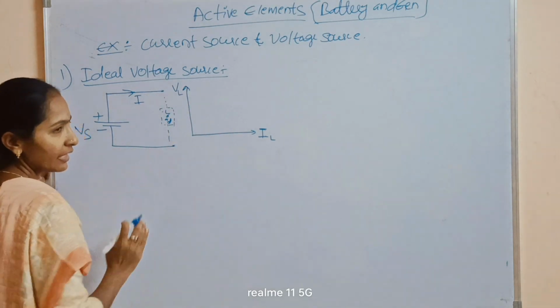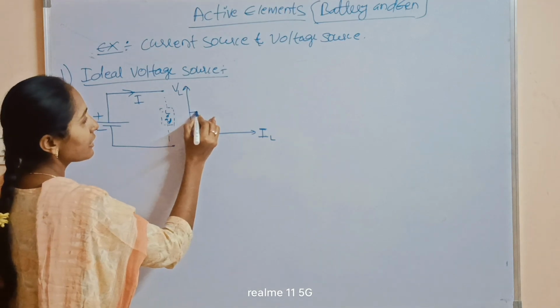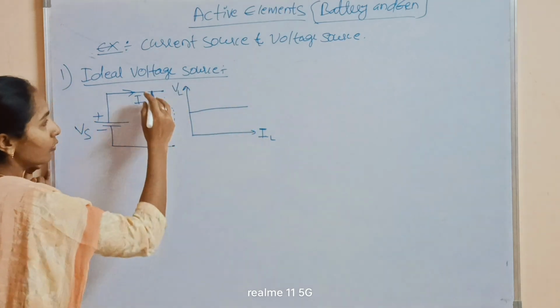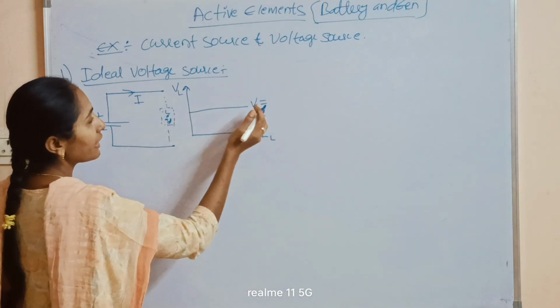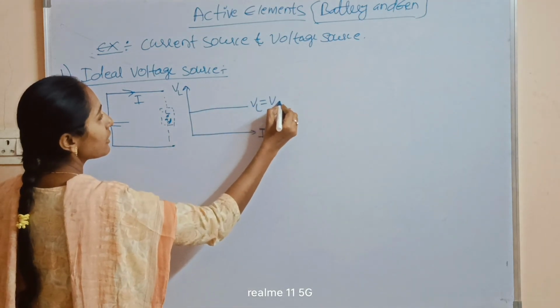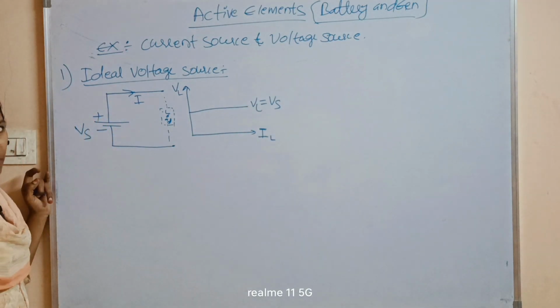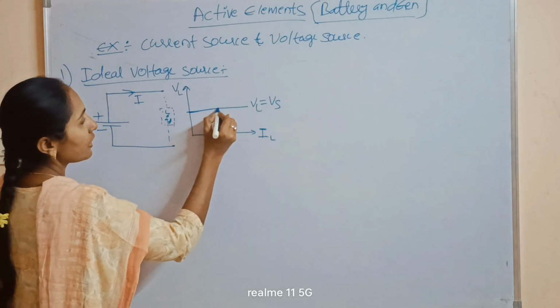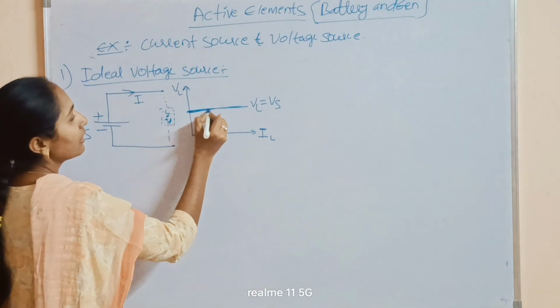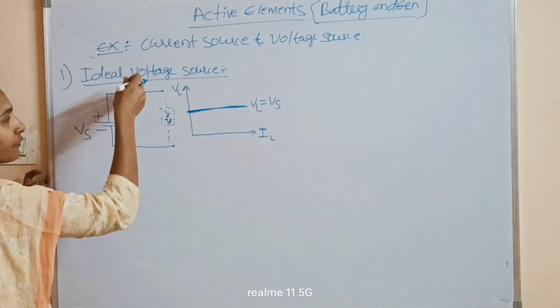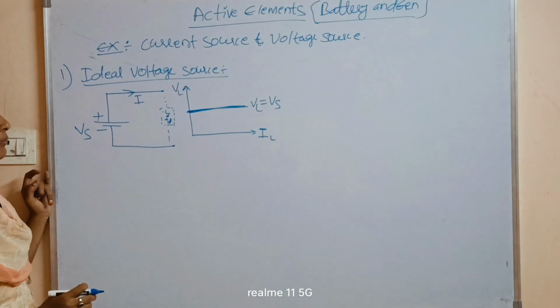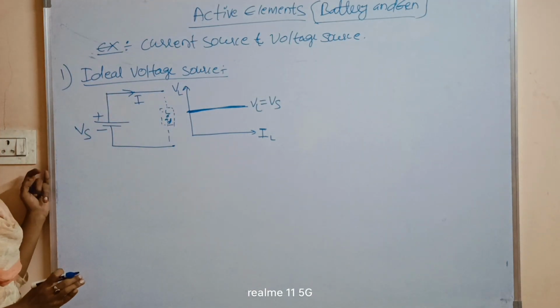Irrespective of change in the current, there is no change in the load voltage. This VL is always constant, the same as the supply voltage. So this is the ideal consideration.